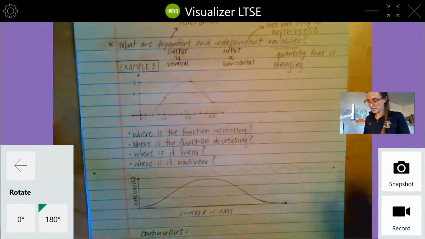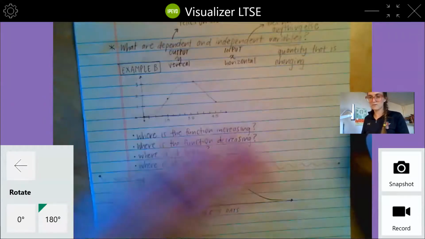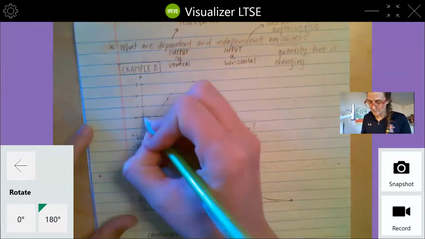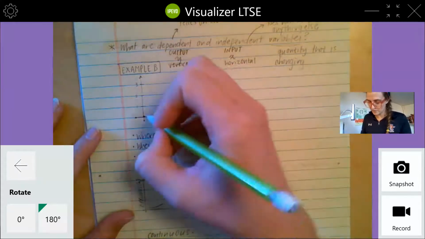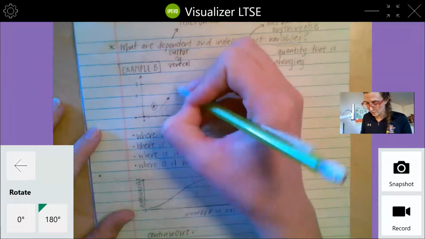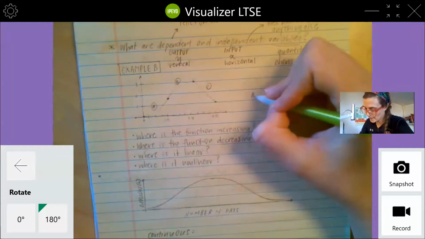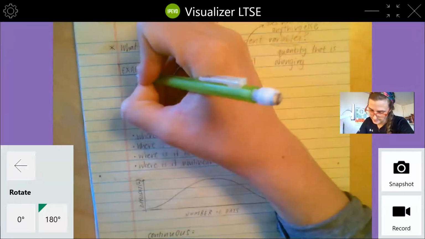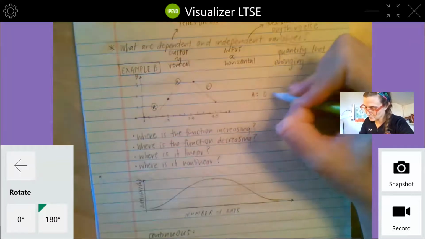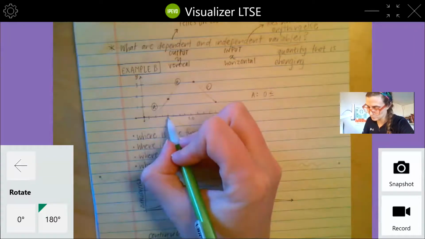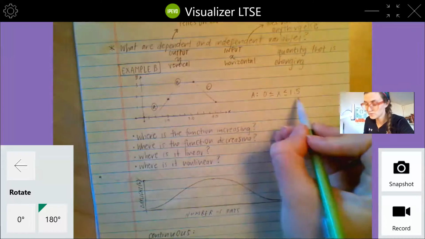Let's just name these different intervals. So I have interval A, interval B, and interval C. Let's call this X, and let's call this Y. Interval A goes from X equal to 0 until X equal to 1.5, so from 0 to 1.5.